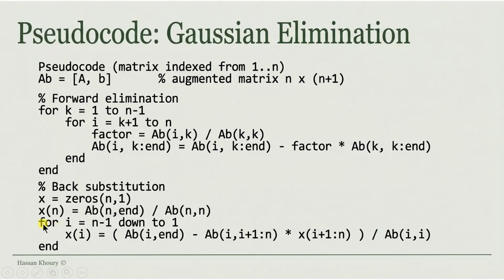And we are looping for the remaining variables. For i = n-1 down to 1, x_i = Ab(i, end) minus Ab(i, i+1 to n) times x(i+1 to n), divided by Ab(i,i). So the final output is that the vector x contains the solution to the system, and you have solved Ax = b using Gaussian elimination.